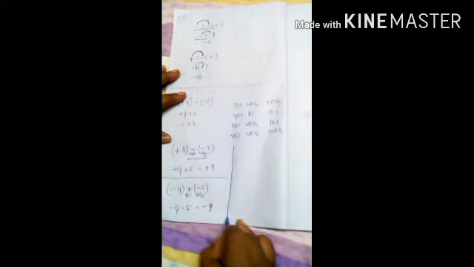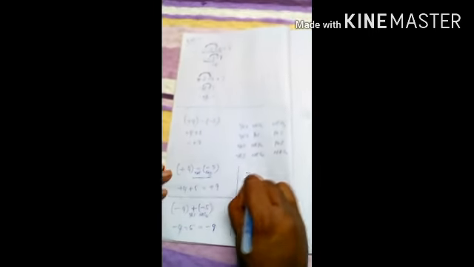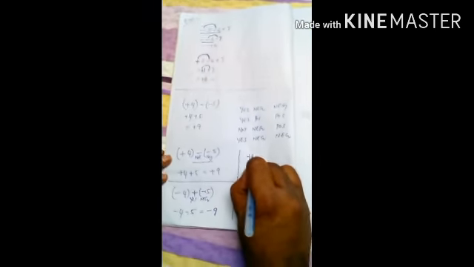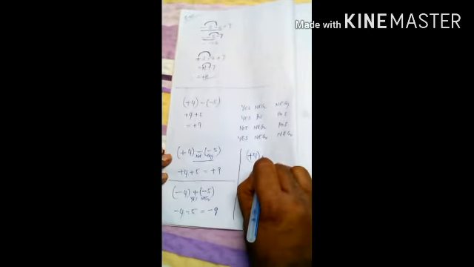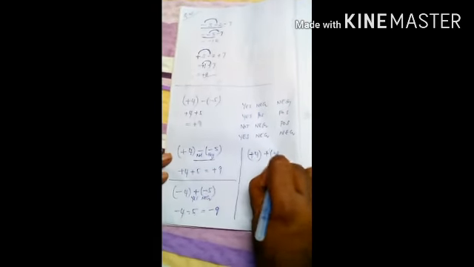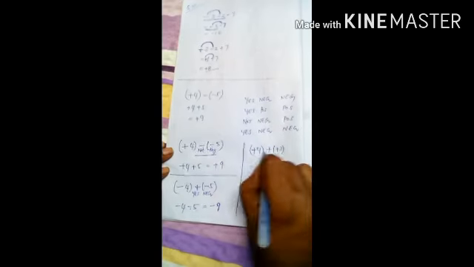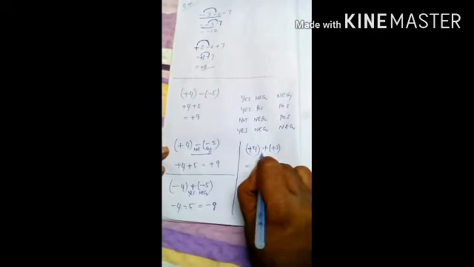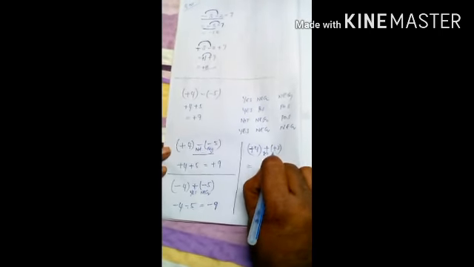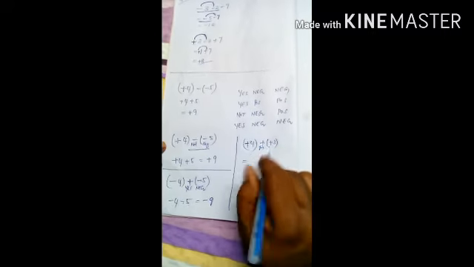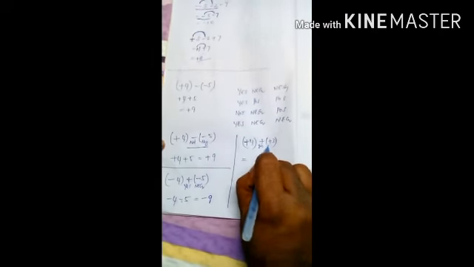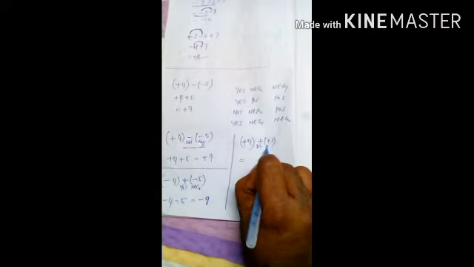One more. Plus 4, plus 3. Sometimes here also we are getting brackets, no? First one is yes, second plus is positive.